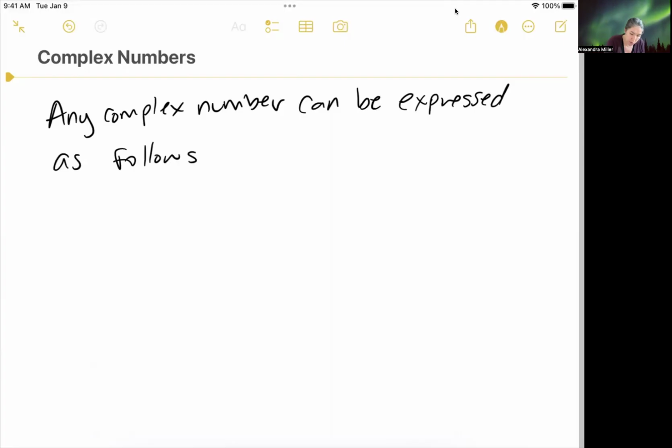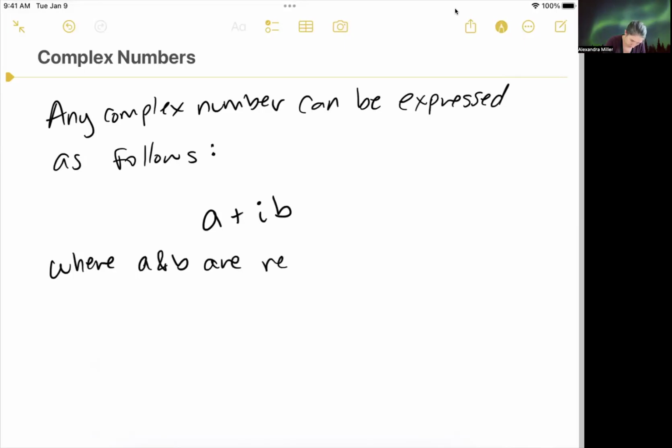And I'm really going to give two ways that we can express our complex numbers. So the first that you often see is this, where A and B are real numbers, and then of course i is the imaginary number. i is the square root of -1.